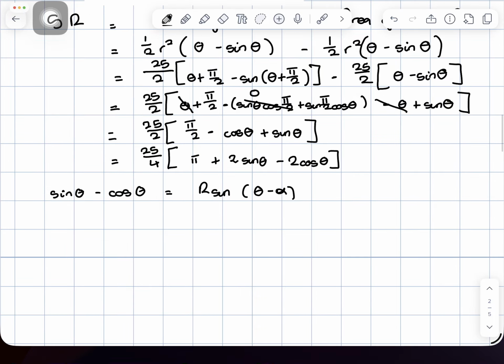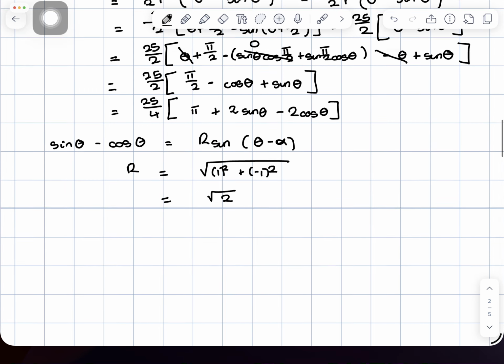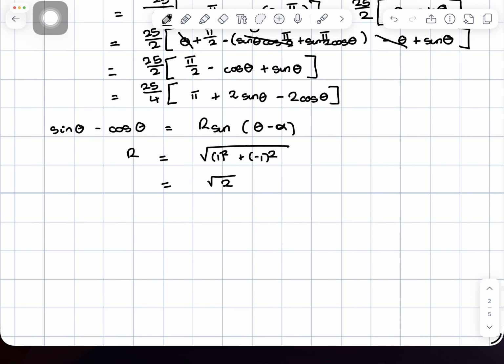So to get R, I'll just take the coefficient of sine, 1, and of cos, which are 1 squared plus minus 1 squared, which is square root of 2. So that is R.